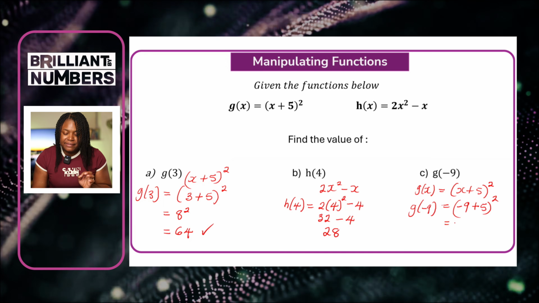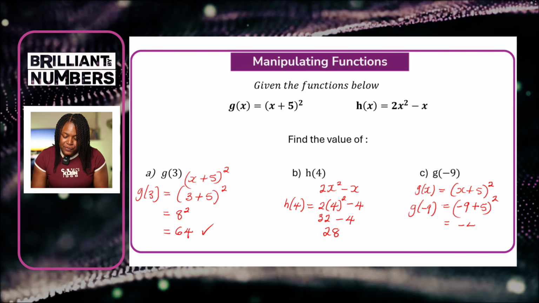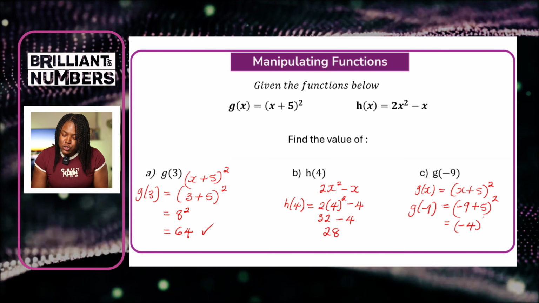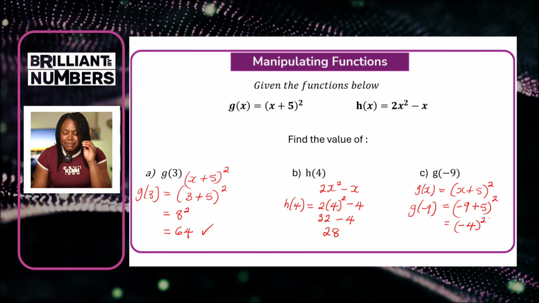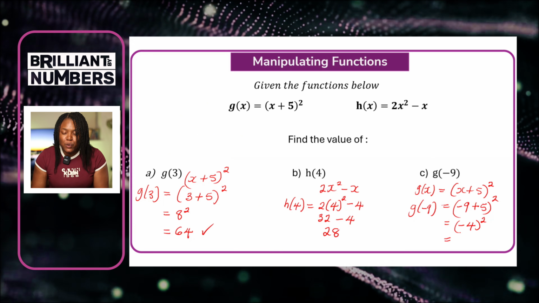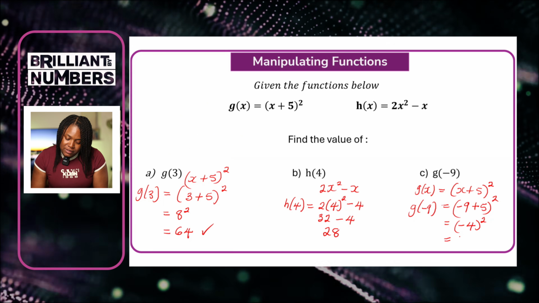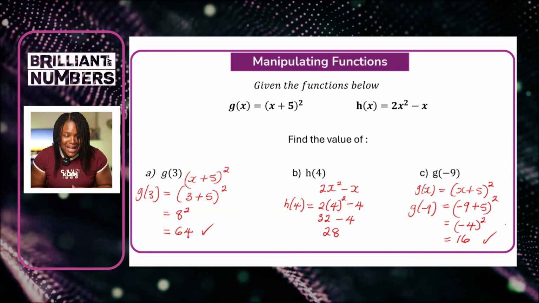Take care of my bracket first. Minus 9 plus 5 is minus 4. So essentially, I'm squaring minus 4, which means minus 4 multiplied by minus 4. So two negatives here will give me a positive. So 4 times 4 gives me 16. So that is our final answer.